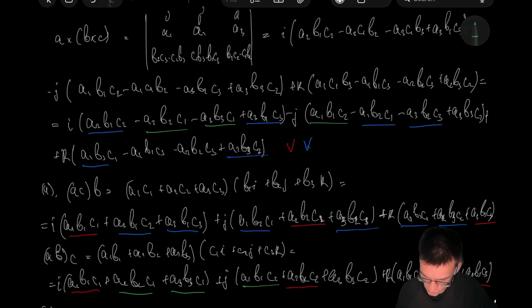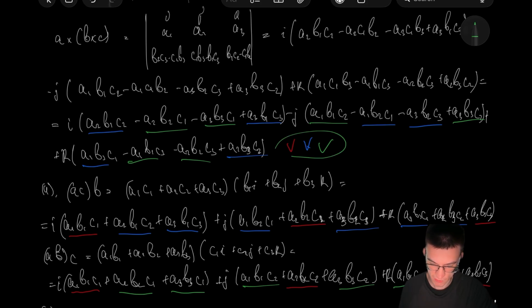A3, B3, C2, cool. And then A1, B1, C3, nice. And then A2, B2, C3, nice. This checks out. There are no terms left here, so everything checks out.